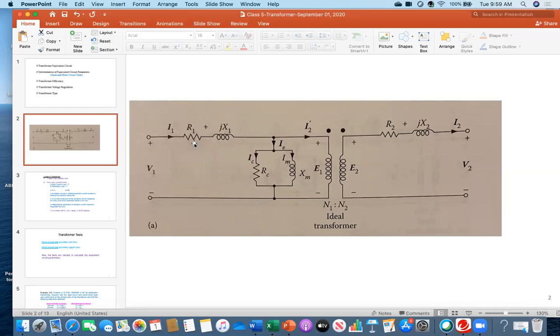Those 6 parameters, once again: R1, X1, R2, X2, RC, and XM. Now the thing is how to measure those things. What test do I need? That I am going to discuss. That is the subject matter both in this class and in the lab. So if you properly follow me and listen to me, you can easily do lab 2.